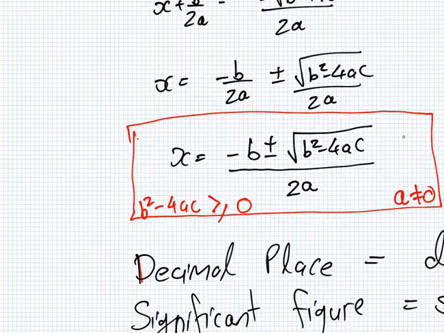Yes, minus 8, thank you. And next, what have I got in? Divide by 2. Yeah, in here, here, and here is a 2. So we can cancel by 2. So you get x equals minus 4 plus or minus 2 root 2 over 1.